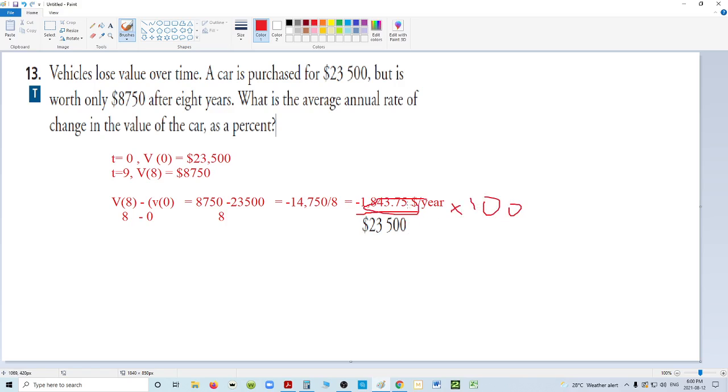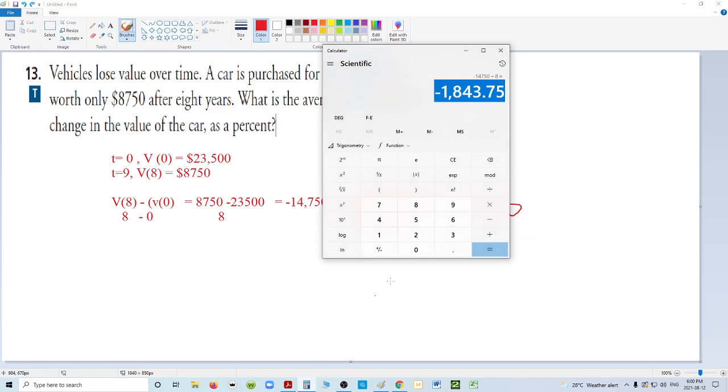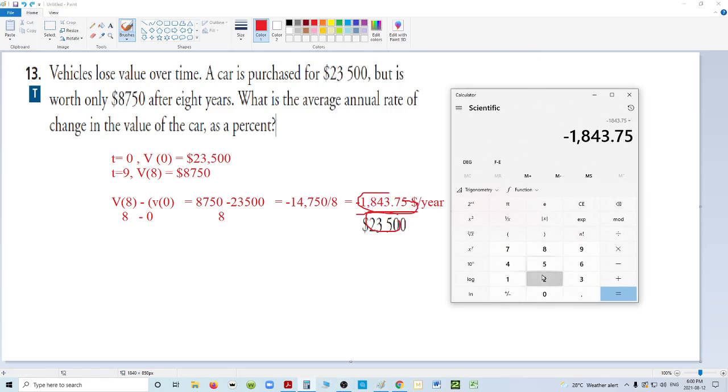Anytime you're looking at a percentage, it's a portion of something multiplied by 100. So you're taking that and dividing it by the original value of the car, which is 23,500, and multiplying that by 100.